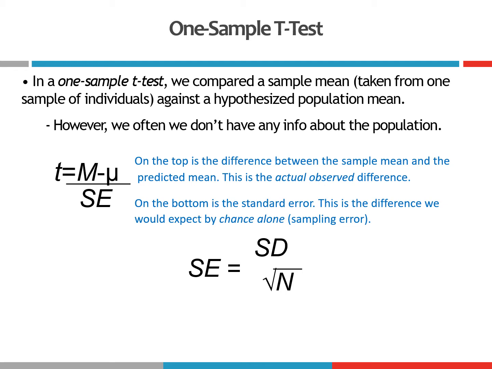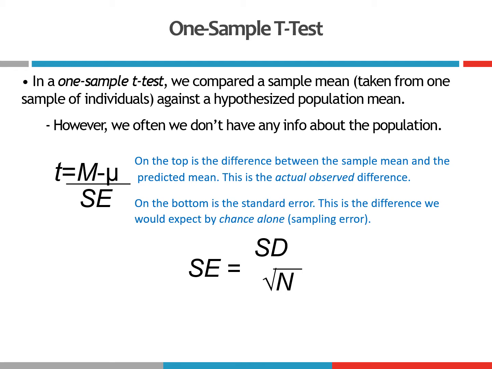But let's go ahead and look at the components of the formula, right? So at the top of our little fraction here, we have M minus mu, which represents the difference between the mean in our sample and the hypothesized population mean, right? So this is the actual observed difference between the sample mean and the population mean, right?